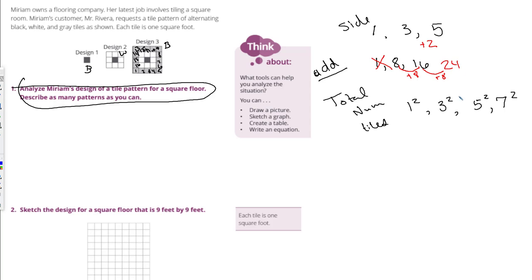So the next one would be 24. Then we'd add 8 again to get 32. So when we're just looking at the number of tiles we're adding and the total number of tiles, we can take our side length and square it. So 1, 9, 25, 49.